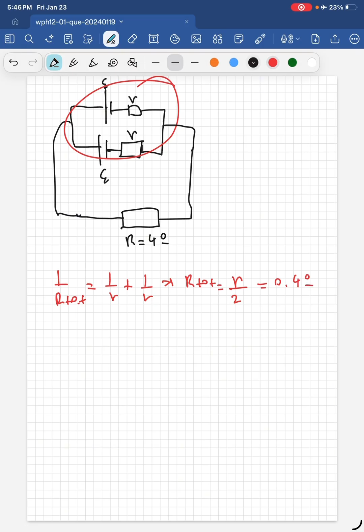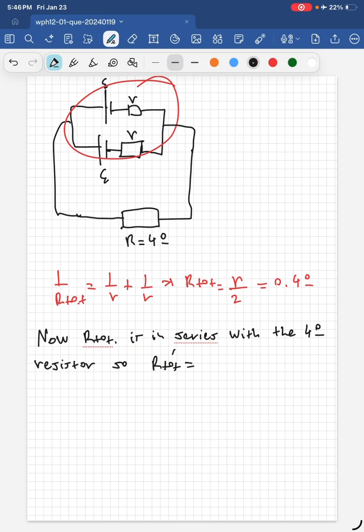Now R total is in series with the 4 ohm resistor. So R total, let's call it prime, we just have to sum, so 4.4 ohms, right?